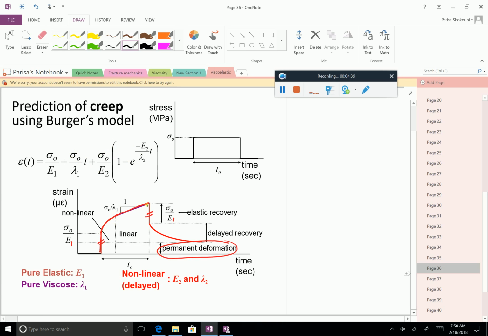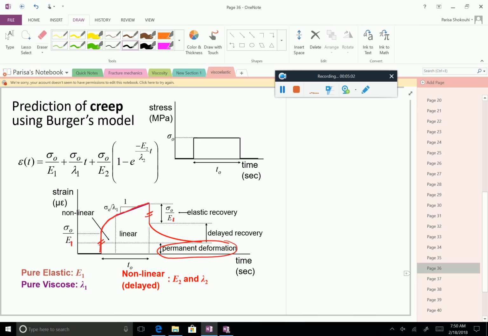And then when you remove the load, the instantaneous elastic deformation recovers. Also, the Kelvin part of the deformation recovers, but with a delay. What is important is that this model predicts permanent deformation.